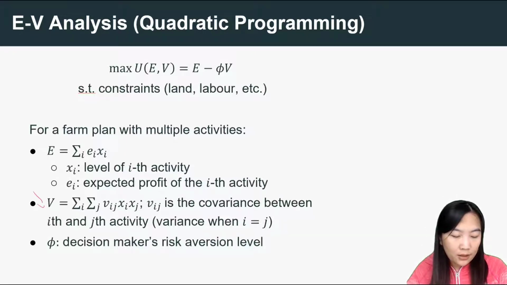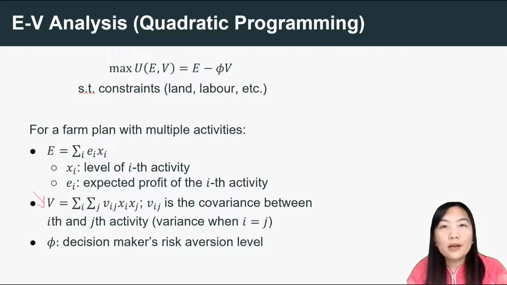And V here, it is the covariance. Sorry, we're having a new concept here. And I did provide a formula here, but in this course, I'm not expecting you to calculate the covariance. Rather, I will just give you a table of covariance. So don't worry about this mathematical expression here. It is trying to give you the formula, and if you're interested, you can probably take another course, a statistics course, or maybe an econometrics course.